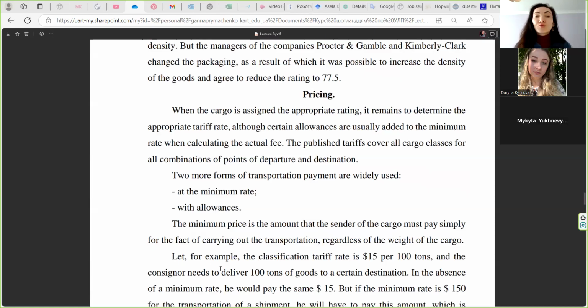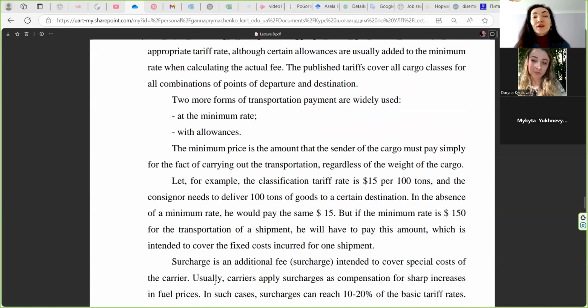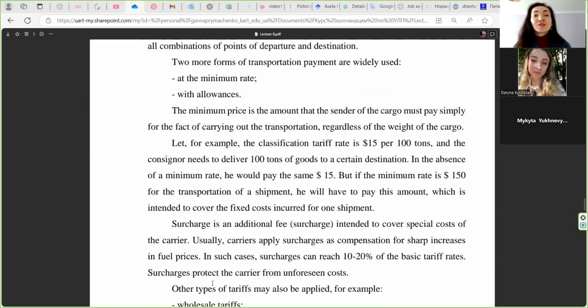Two more forms of transportation payment are widely used: the minimum rate with allowances. The minimum price is the amount that the shipment of cargo must pay simply for the fact of carrying out the transportation regardless of the weight of the cargo.